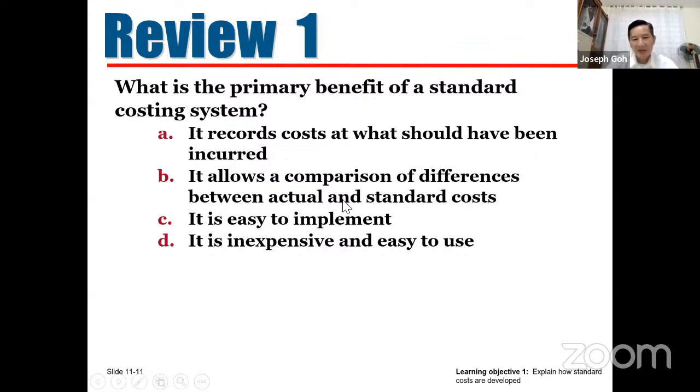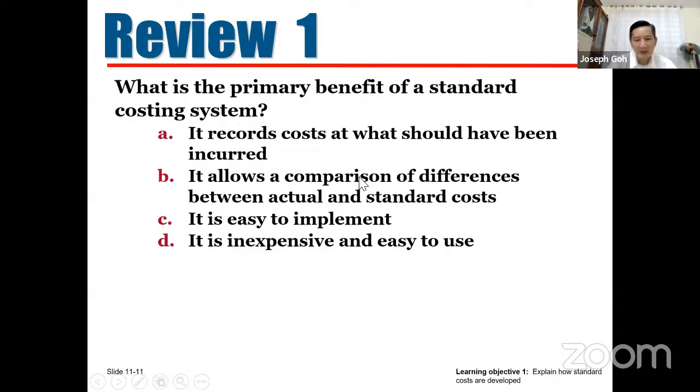But now the actual cost incurred today for the iPhone is 3,005. So that is the discrepancy. That means you overspend compared to what you set and what you believe should be the right standard cost to use. So that will be a 5 overspend on every iPhone you produce.